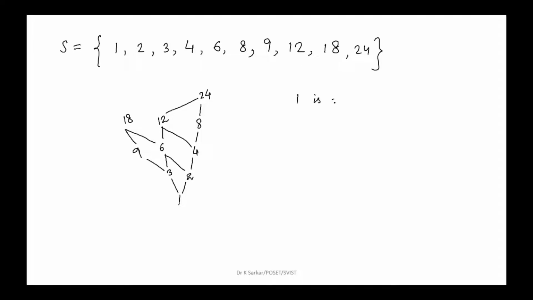And we see that there are 18 and 24. For these two elements, there are no other elements in S which succeed 18 and 24. Therefore, there are two maximal elements, 18 and 24.